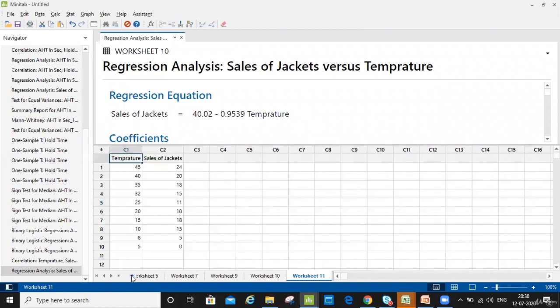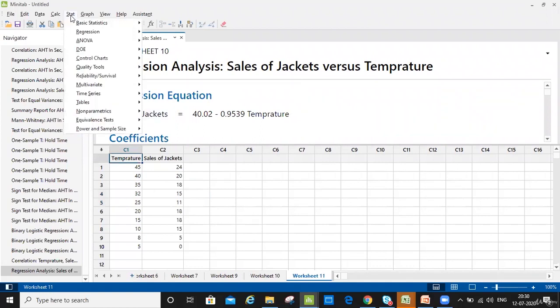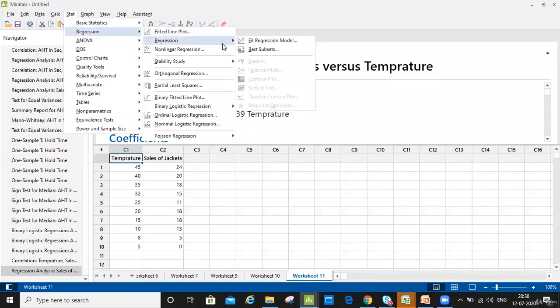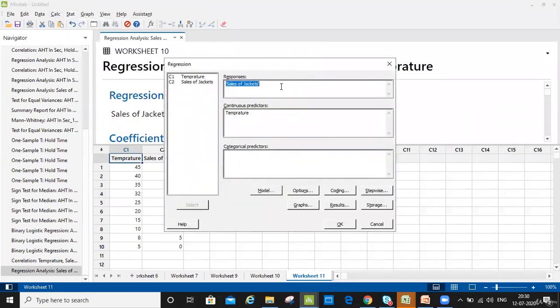So I pasted the new data here. Okay. So let me go for regression, or I can use this option which I used earlier. For the response we mention the sales of jackets, and here it's the temperature.